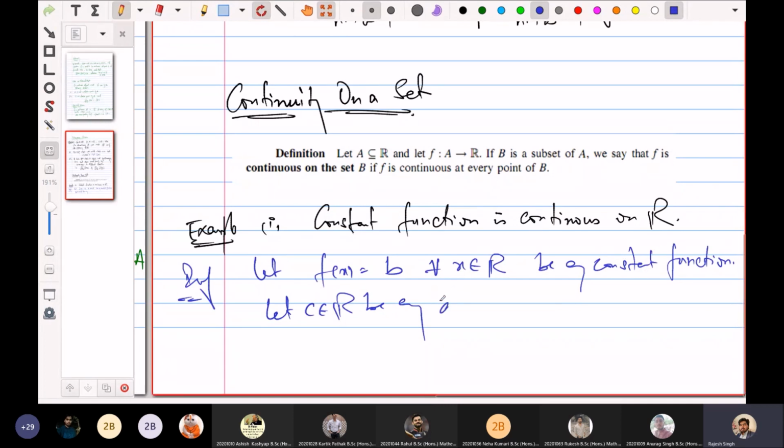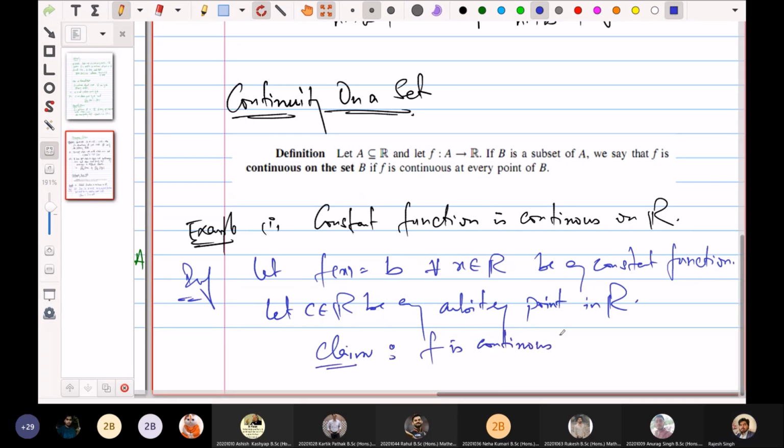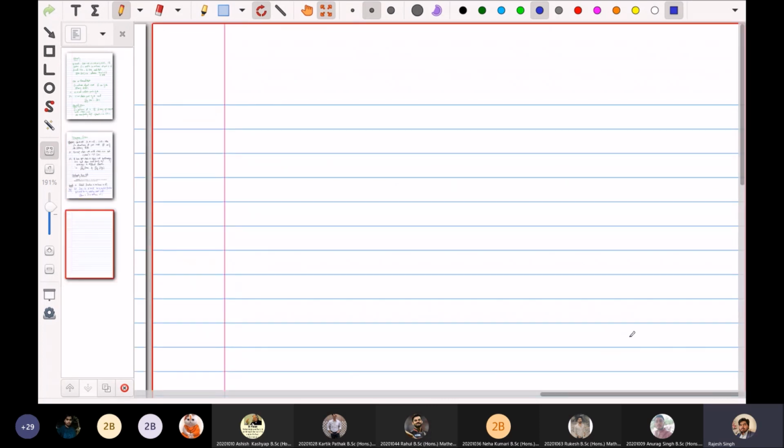Now we will show the claim: f is continuous at c. It is simple, and we can do it in two ways: either use the epsilon delta definition, or use the sequential criteria.